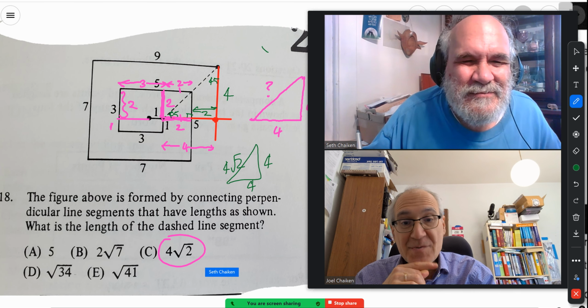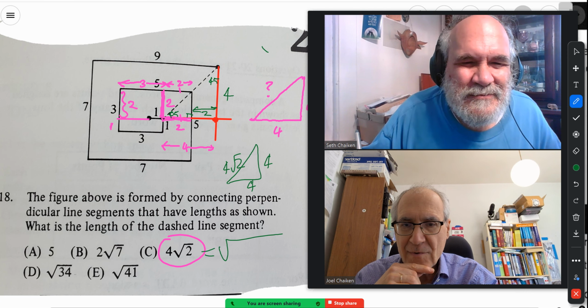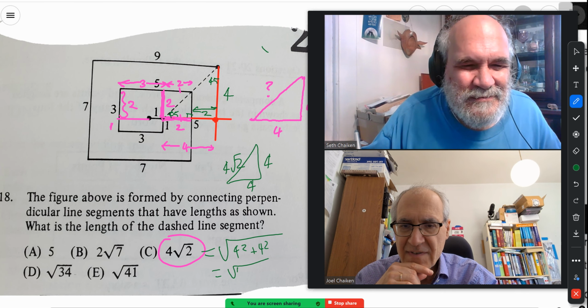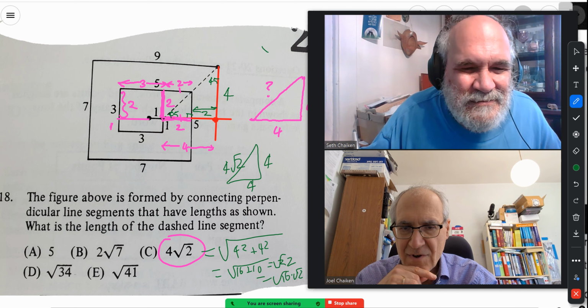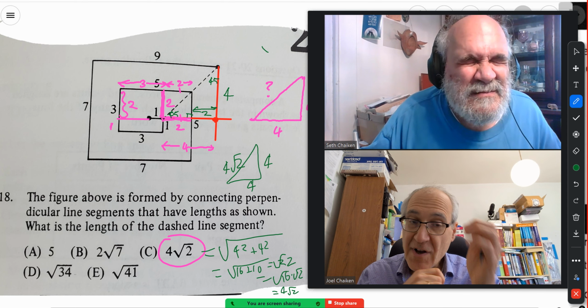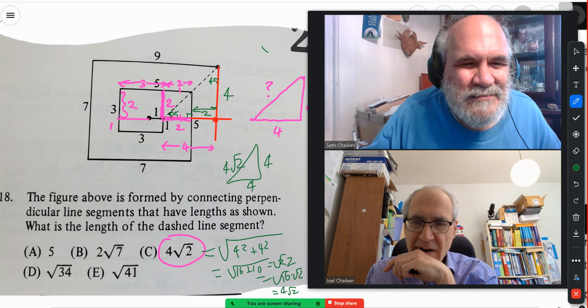If not, you could use the Pythagorean theorem: the answer is the square root of 4 squared plus 4 squared, which is the square root of 16 plus 16, which is the square root of 32, which is the square root of 16 times the square root of 2, which is equal to 4 radical 2. Or you're familiar with the 45 degree right triangle.